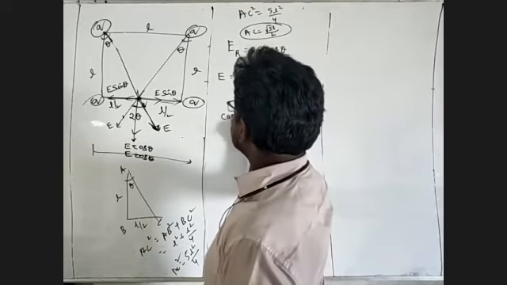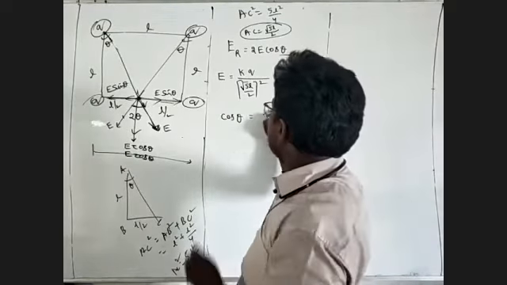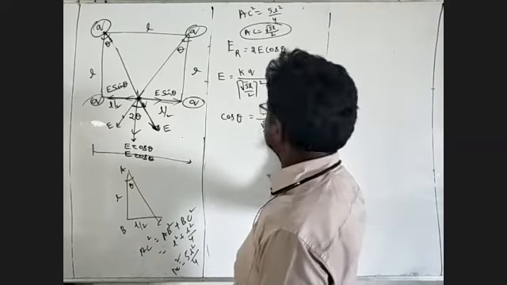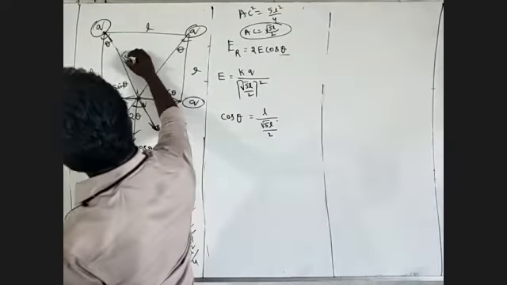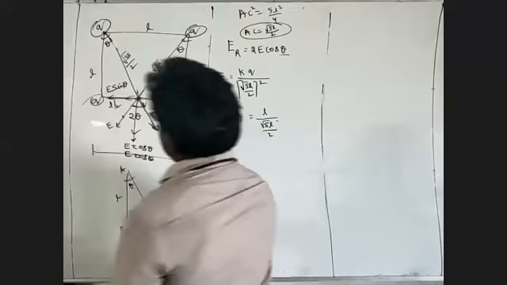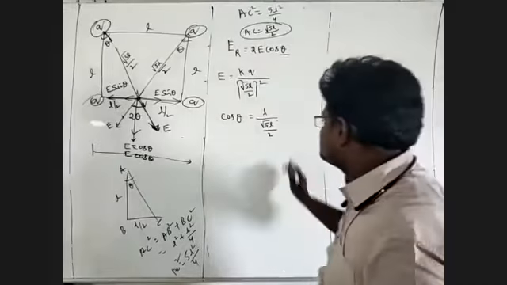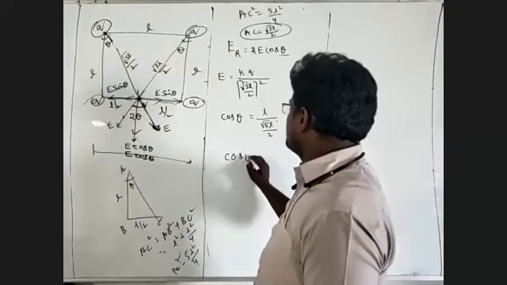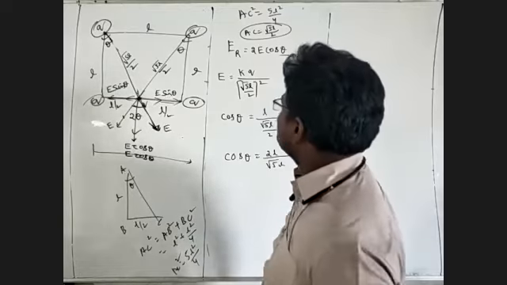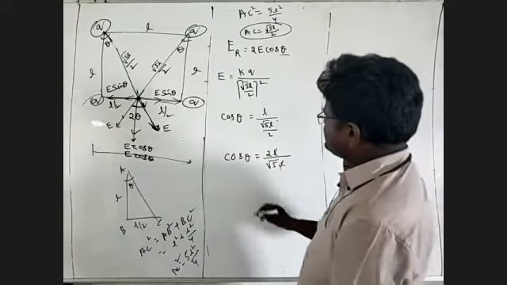Next, cos theta is equal to adjacent side by hypotenuse. Hypotenuse means root 5 L by 2. Now we will see this is the cos theta. Cos theta is equal to 2L by root 5 L. So L and L cancel.